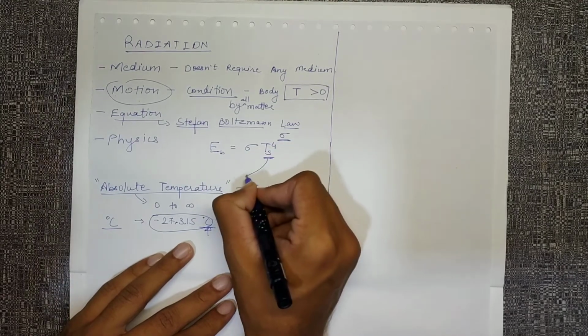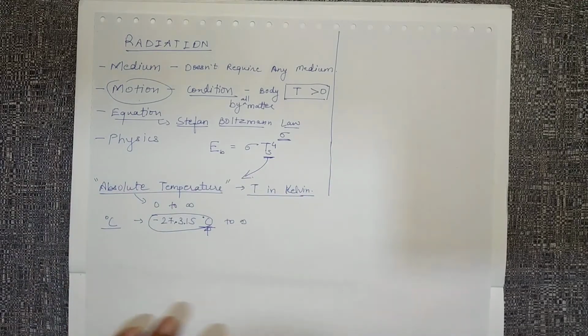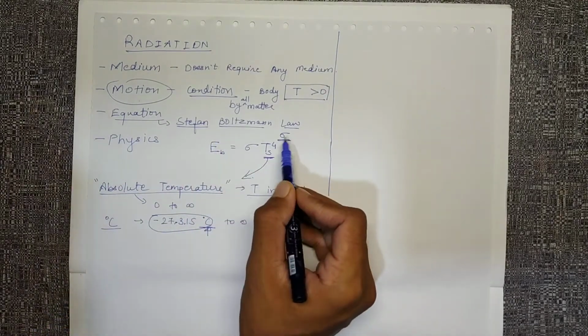This T_s must be the absolute temperature. Sigma is the Stefan-Boltzmann constant.